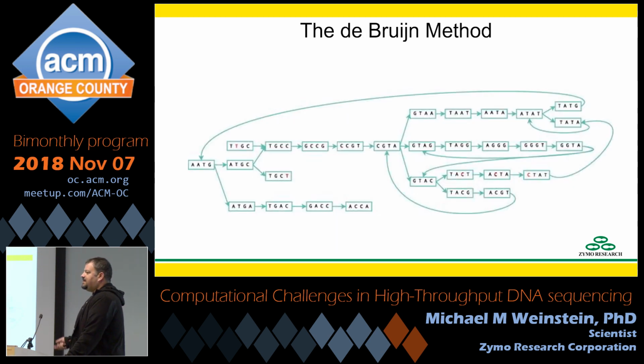It's essentially taking a fragment of each read and looking for its overlaps, basically taking a sequence and then looking for where it overlaps except for one base, and building up a graph moving between these. And then coming up with a path that goes through here and hits every node along the way the minimum number of times possible will give you a draft genome.